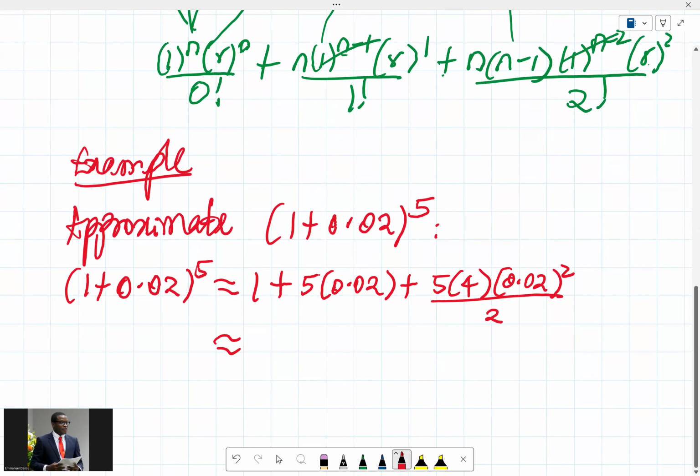If we tidy up all of that, the first term is 1, and 5 times 0.02 gives 0.1.